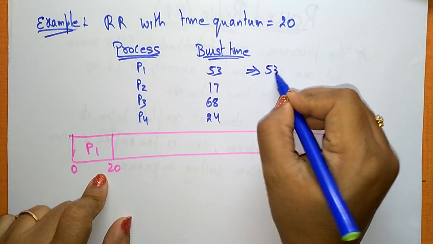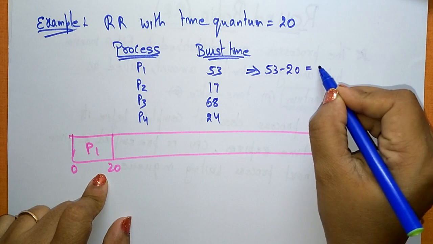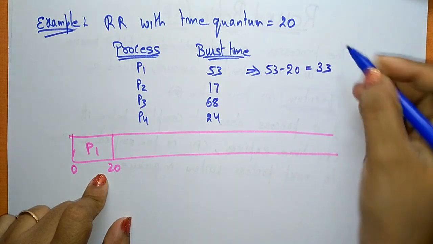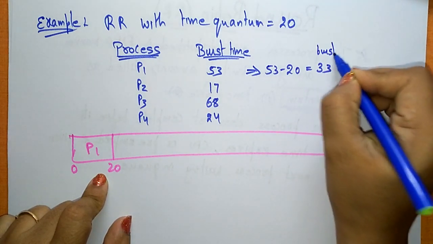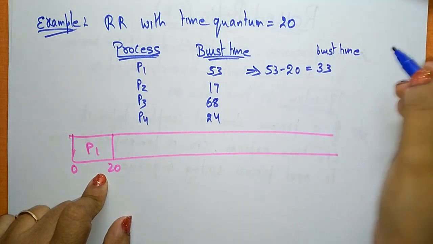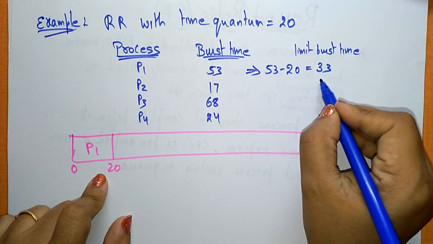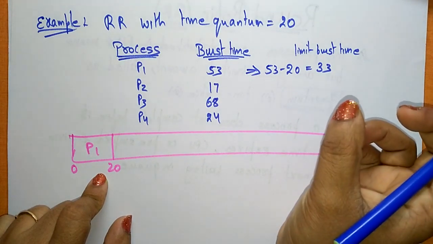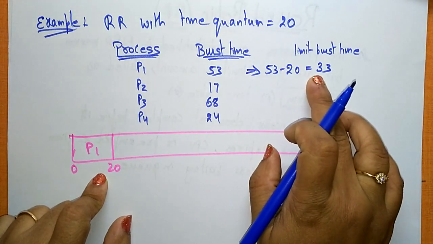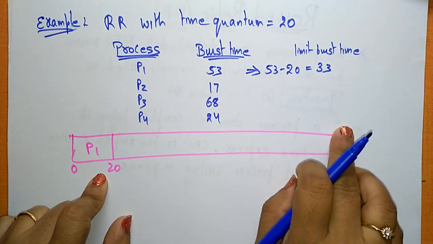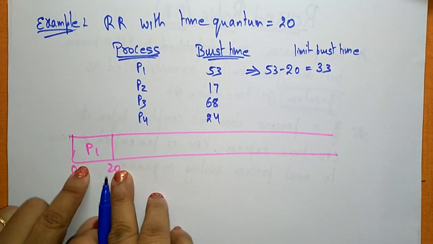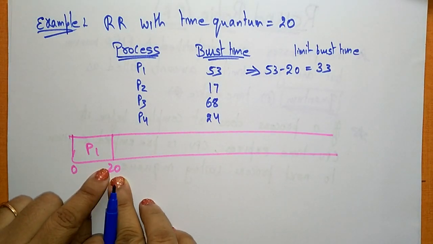So 53 minus 20, it still has 33 burst time remaining. So P1 has to come into the queue again. P1 takes only 20.